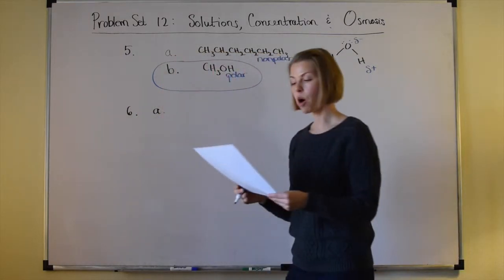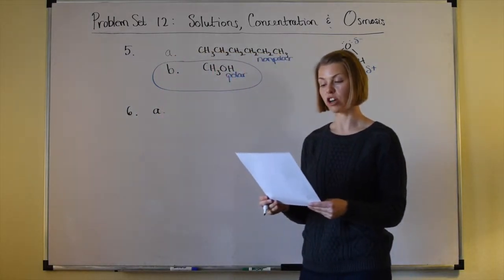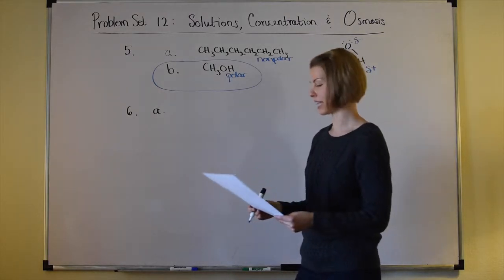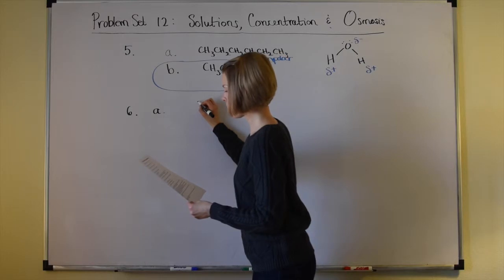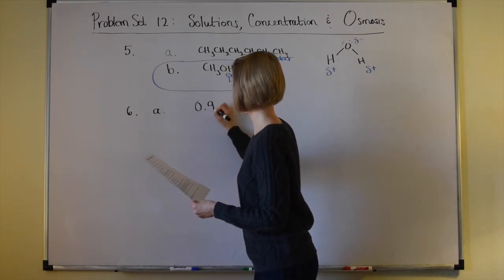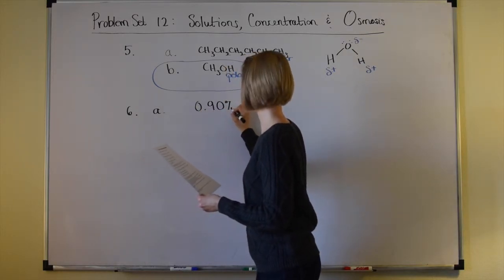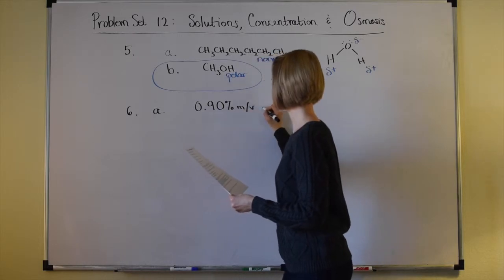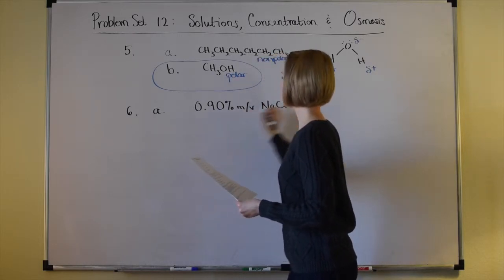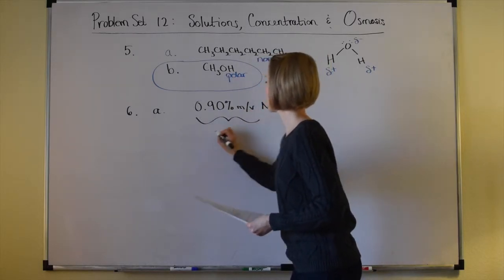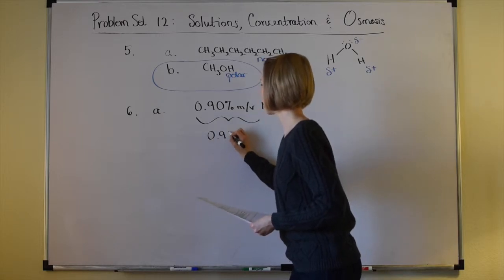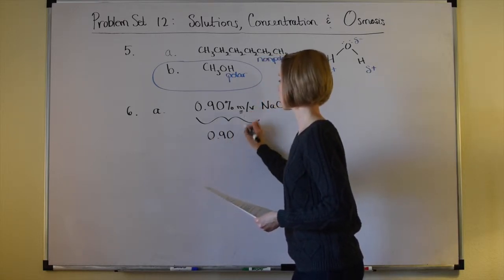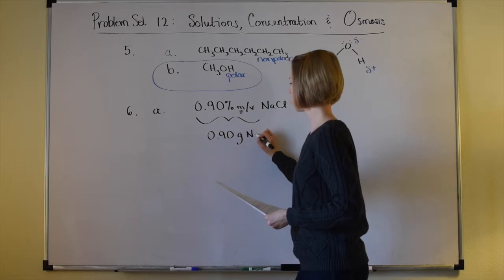A. How many grams of sodium chloride are needed to prepare 100 milliliters of normal saline? Okay, so we know that the concentration, which is given, 0.90% mass volume sodium chloride, means 0.90 grams of solute.